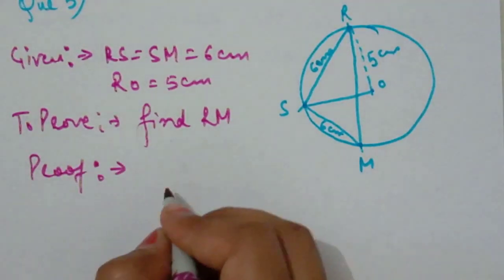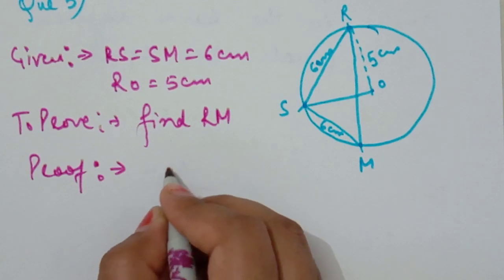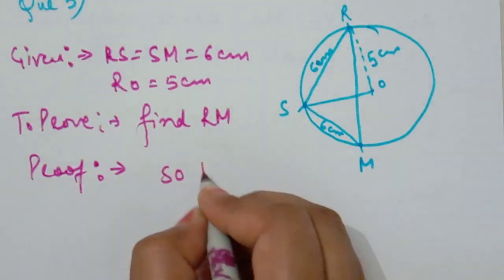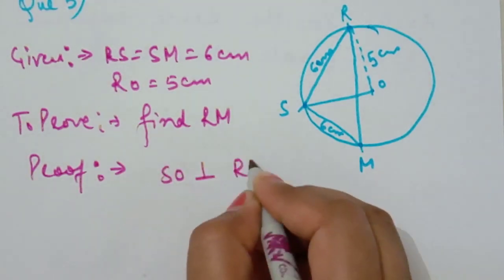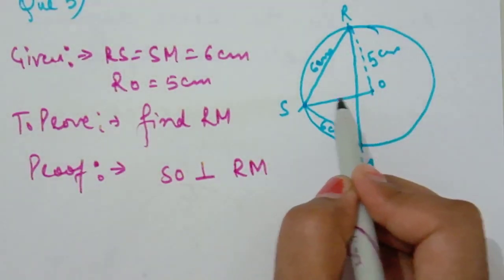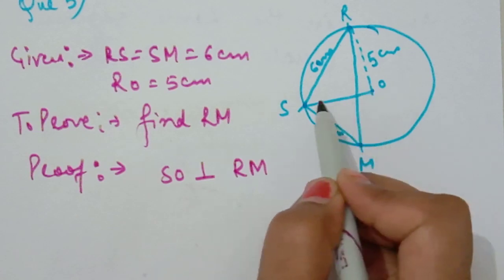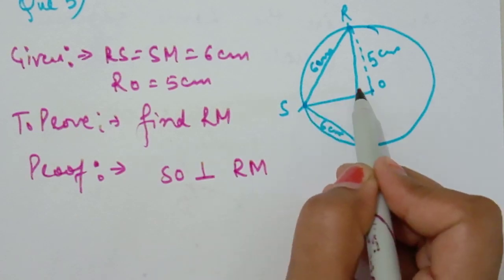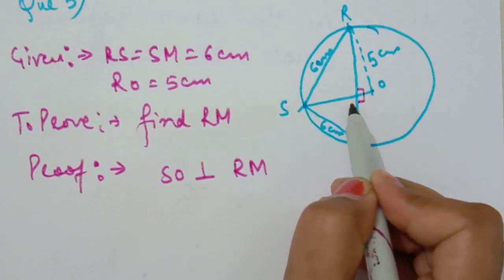We know very well that SO is perpendicular on RM, because when we draw a line from the center of the circle, it perpendicularly bisects the chord.